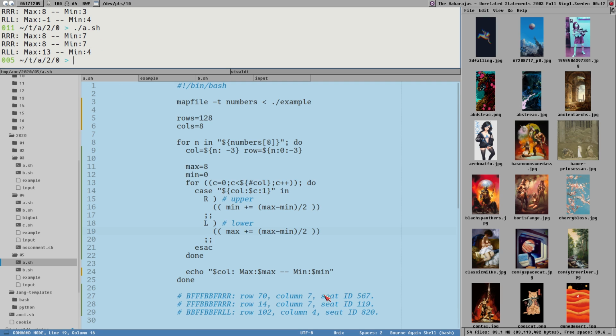So 7. Yeah, 7 is the right. 7, 7, 4. So min is our seat, question mark, every time, whatever. Let's just assume it is that. I'm not sure. Yeah, whatever. So min is our seat in the column.